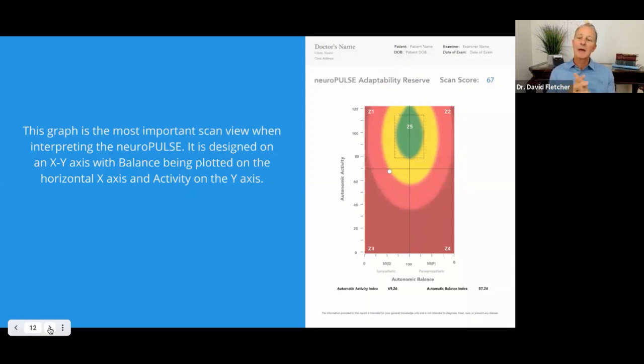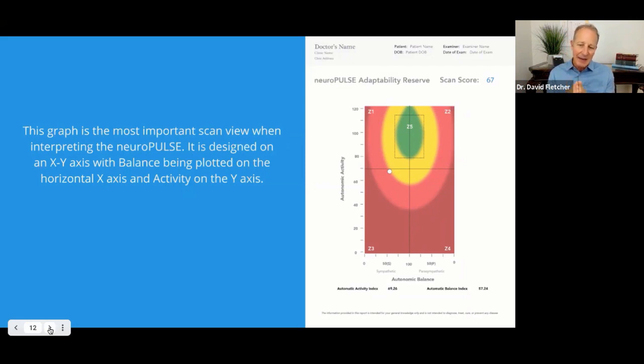So if you take a look at the bottom of the graph and the labeling on there, you'll notice that we've split the graph into a center line which keeps sympathetic on the left-hand side and parasympathetic tone on the right-hand side. That's related very clearly to the frequencies that we know we're capturing.